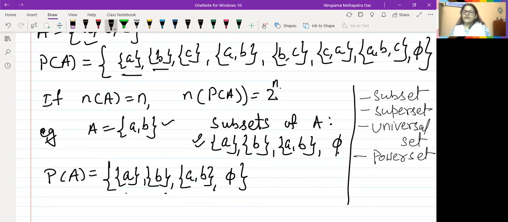So these four concepts we have studied. I'm sure it's very clear to you. And also how to find subsets of a given set, and how to find non-empty subsets of a given set. We have covered most of the questions from exercise 1.3 of the NCERT textbook.